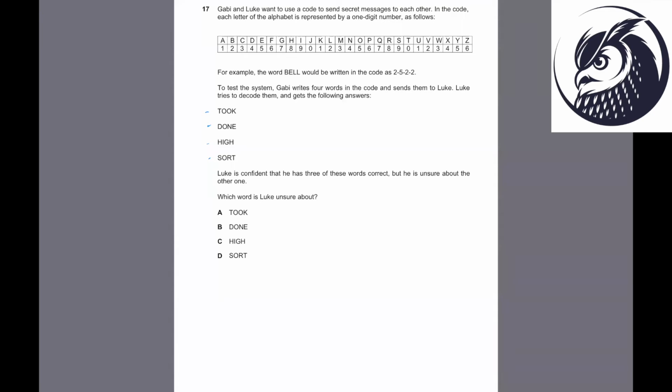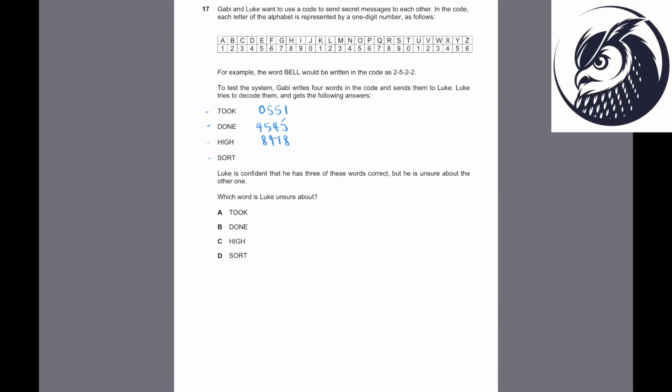Okay, so let's start off with took. Now, took is coded as 0, O is 5, so 5, 5, and K is 1, so it's 0, 5, 5, 1. And let's just do that for all the other ones as well. So done is 4, 5, 4, 5 as well. High is 8, I is 9, G is 7 and H is 8.